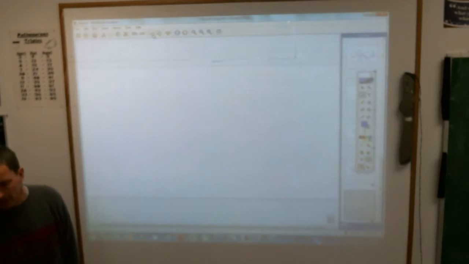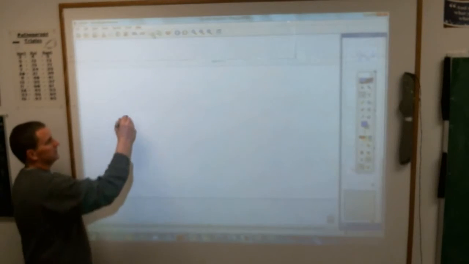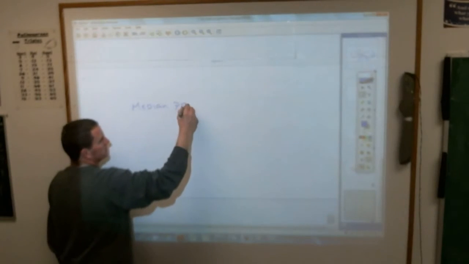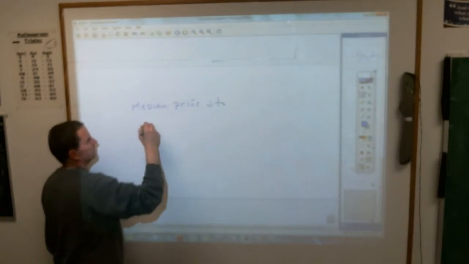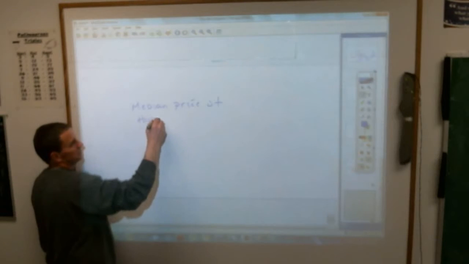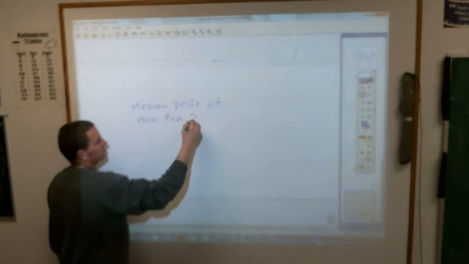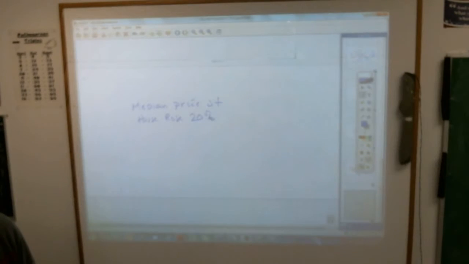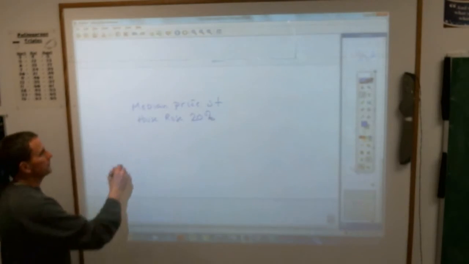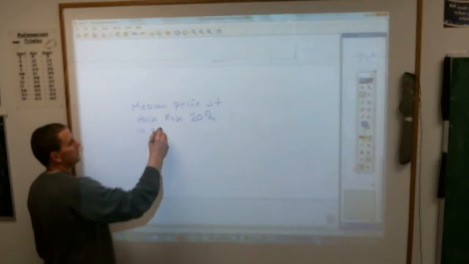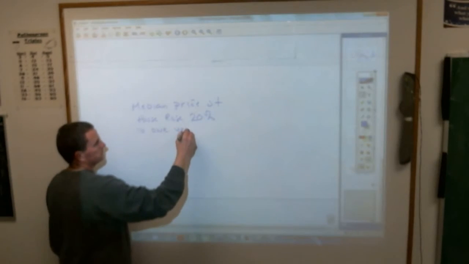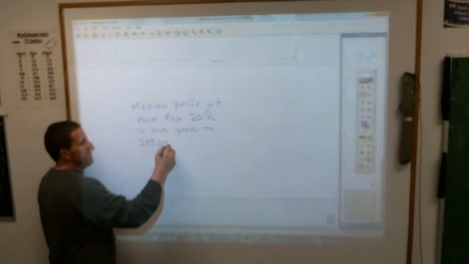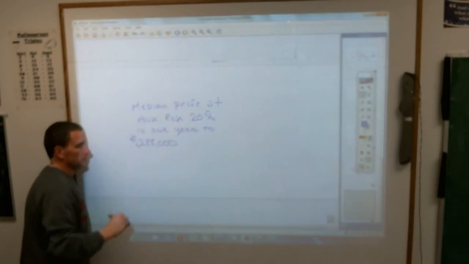The median price of a house in a neighborhood rose 20% in 1 year to $288,000.